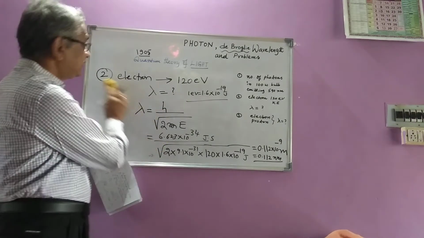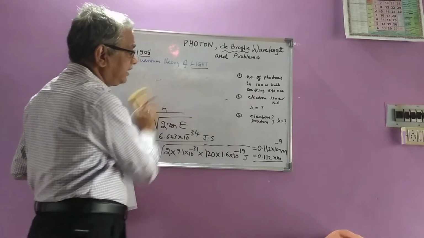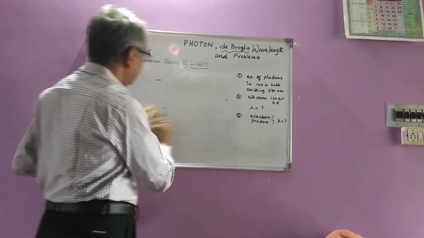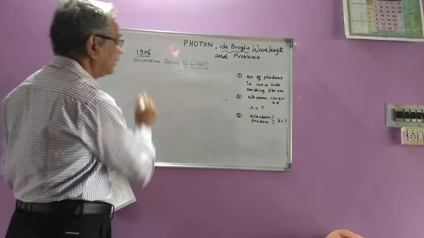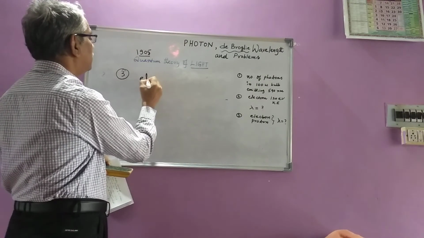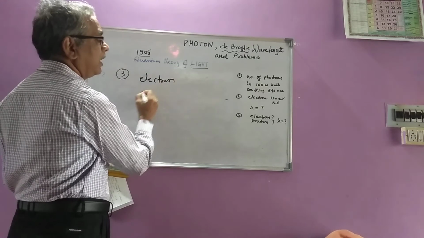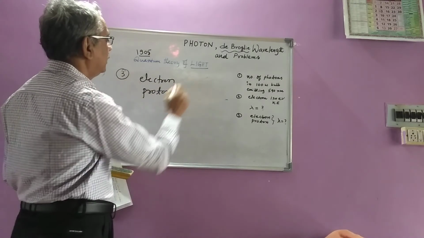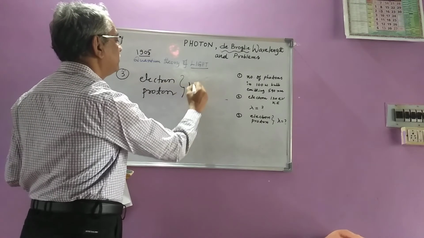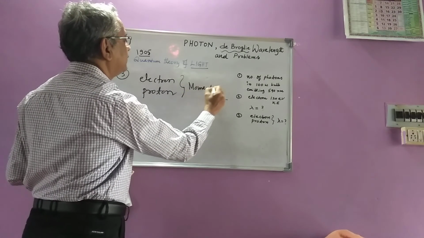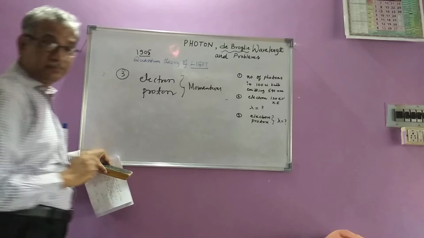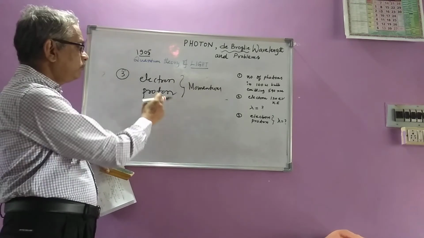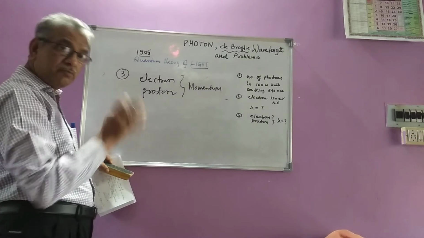Now, in last year's PGCET question paper, there was a question that if you take an electron and a proton, if they have the same momentum, electron is moving with certain momentum, proton is also moving with certain momentum, momentums are the same.